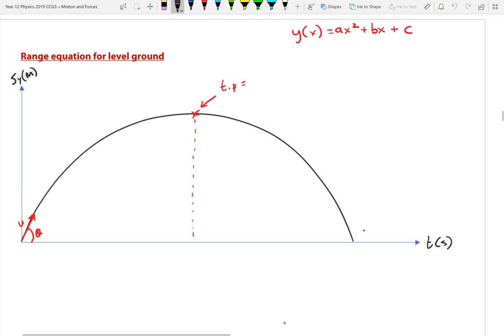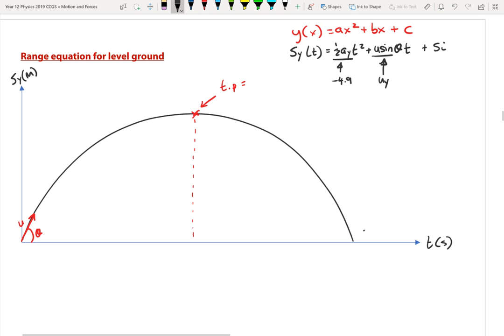Now I would like you to write Sy as a function of time: a half of gravity t squared plus u sine theta t plus s initial. Recall that the first is always going to be minus 4.9 and that's always going to be Uy.